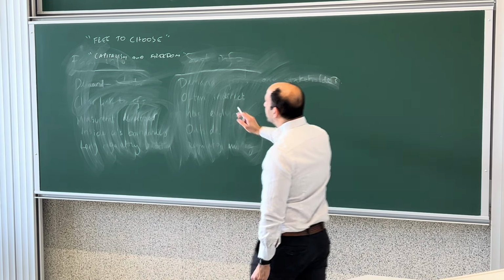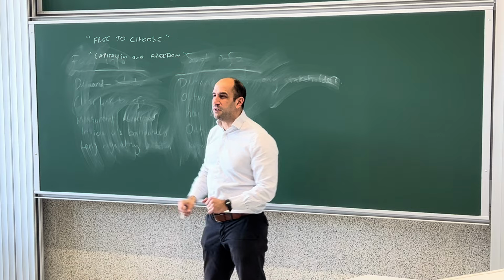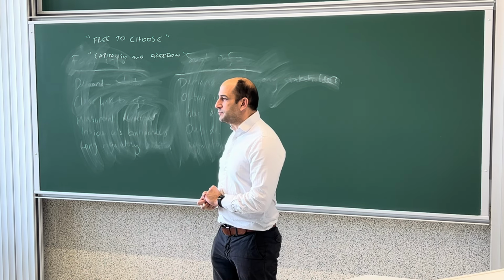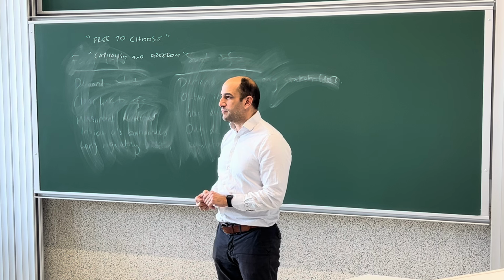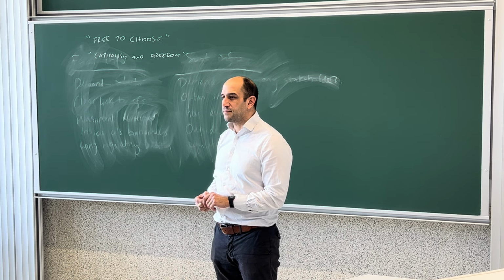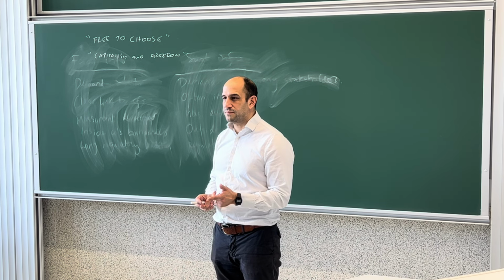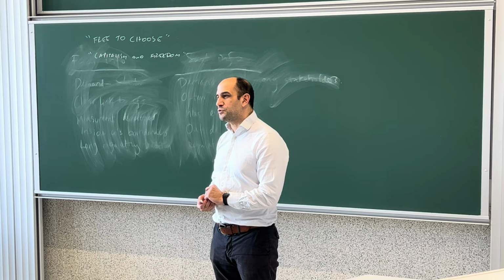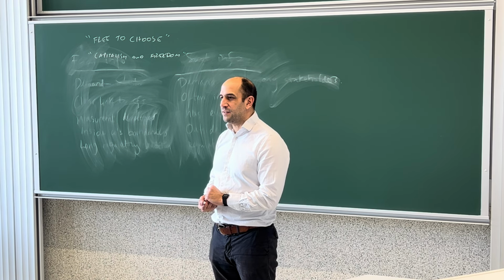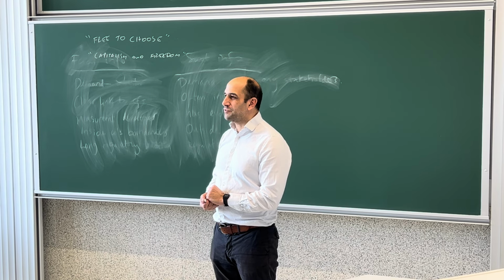Free to choose is the first economics book that I ever read. I read it when I was in high school, so it's the 90s. Who? Close, but they have to be from the same school. From that school, sort of, but not as much.